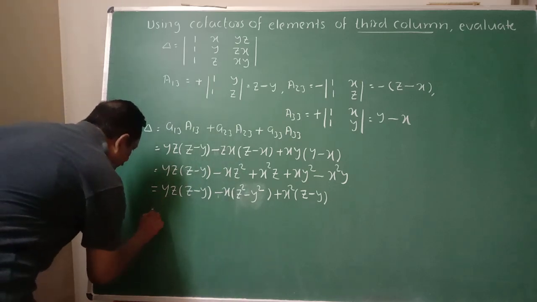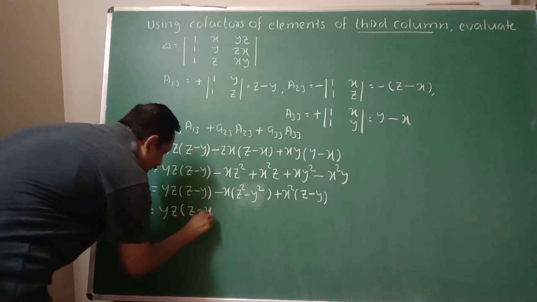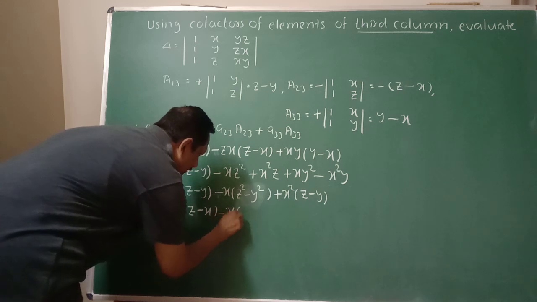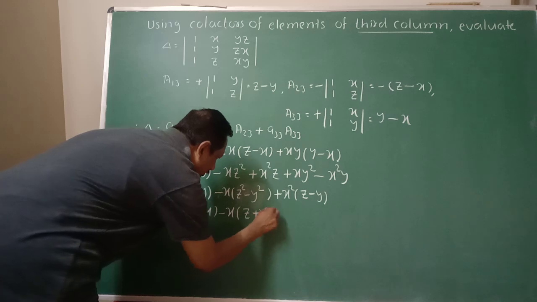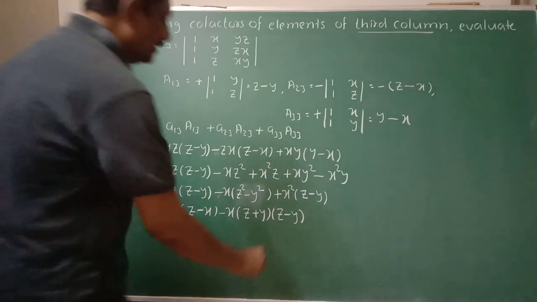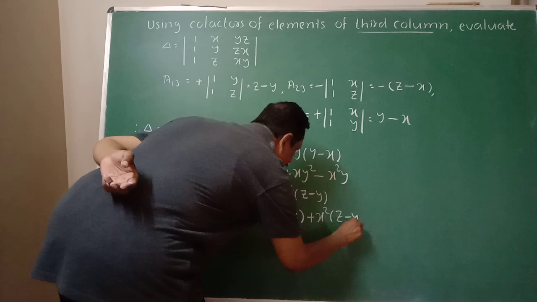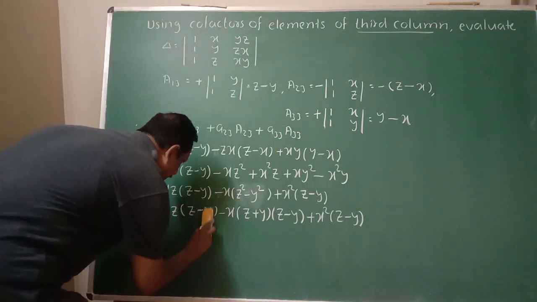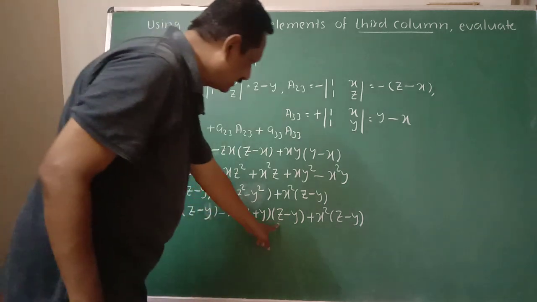Therefore, yz into z minus y, minus of x into z square minus y square, which is z plus y into z minus y, then plus x square into z minus y. Here it is z minus y.